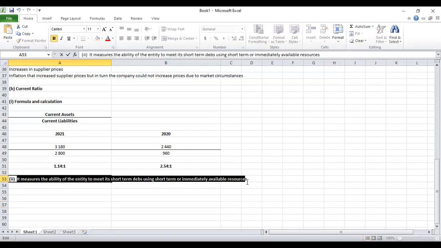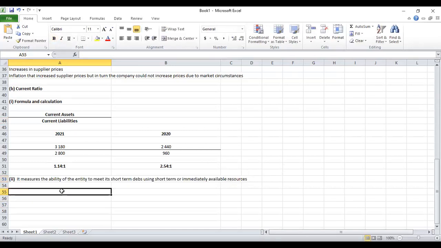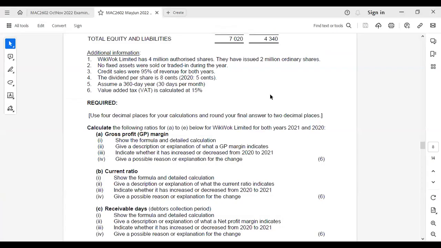So that means if your ratio is less than 1, you might not be able to meet your short-term needs. Right. Then the next thing is to indicate whether it increased or decreased.